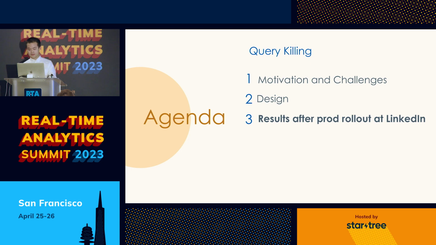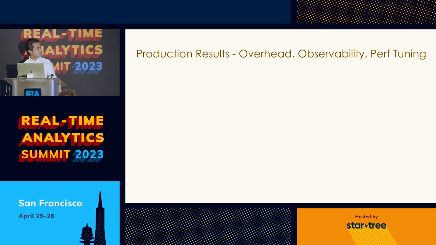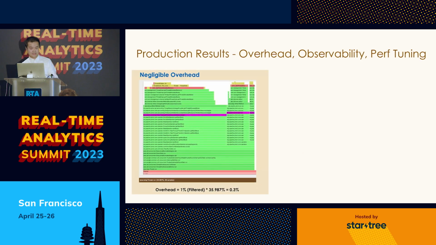OK, so finally, let's look at the benchmark and the results for the deployment of this query killing feature at LinkedIn. First, we did a very exhaustive benchmark on the overhead of this feature. Here we're showing a CPU time benchmark for a prod high QPS use case.